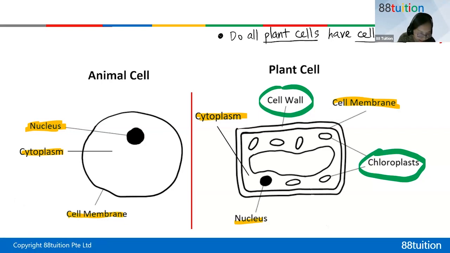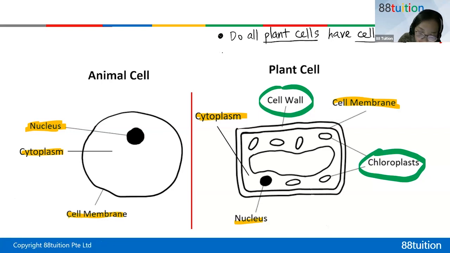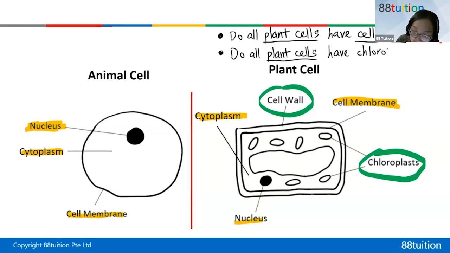Okay, it is actually the second question that you all are thinking of. So my second question is, do all plant cells, all right, have chloroplasts? Then for this question, what is your answer?